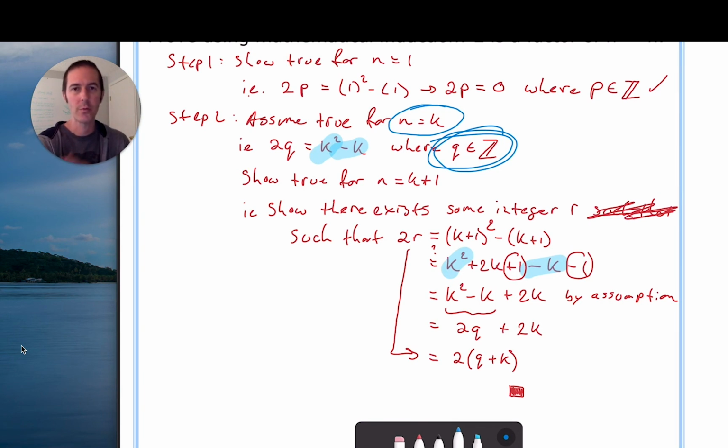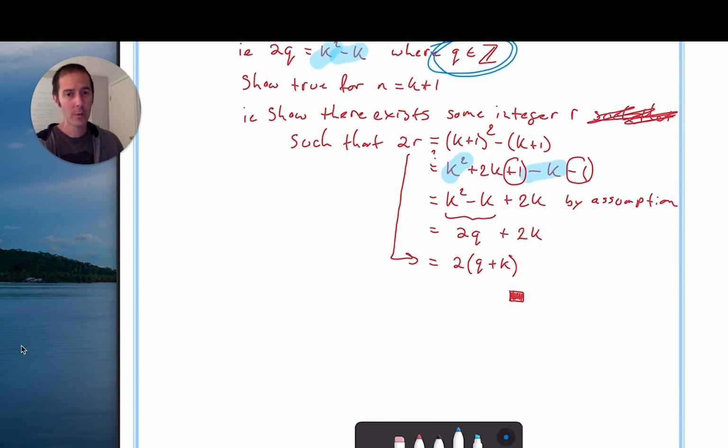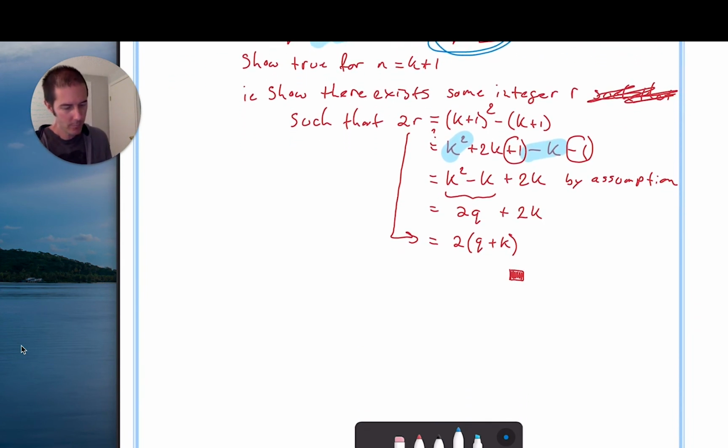Whole numbers are 0, 1, 2, 3. But the integers include the negative versions of those. And what do you get when you take an integer plus another integer? I'll spare you the suspense. You get another integer. Therefore, q plus k is an integer. It's the integer that we were looking for.